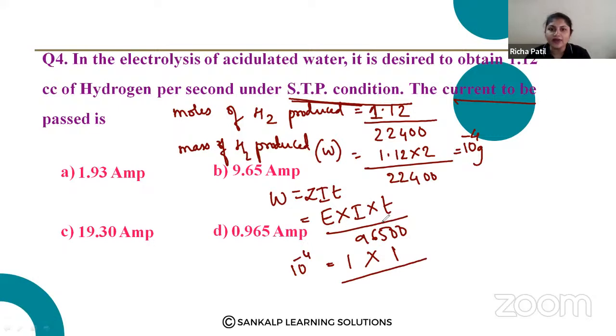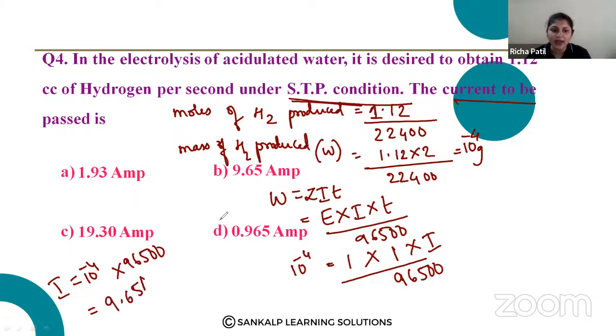We don't know the current, so keep I as it is, divided by 96,500. After solving this, you get 10 raised to minus 4 into 96,500, which becomes 9.65 ampere. The answer is B. Understood? This is all according to standard temperature and pressure.